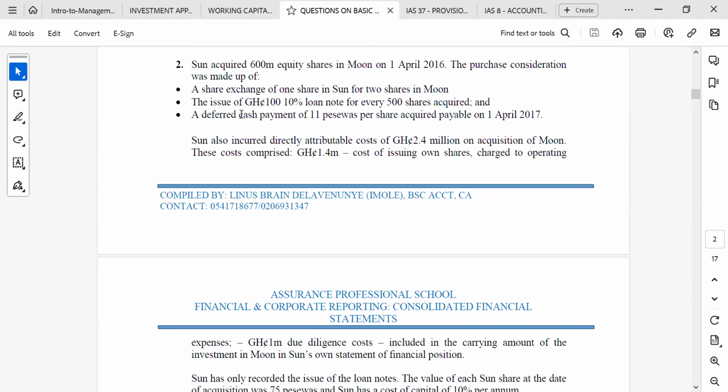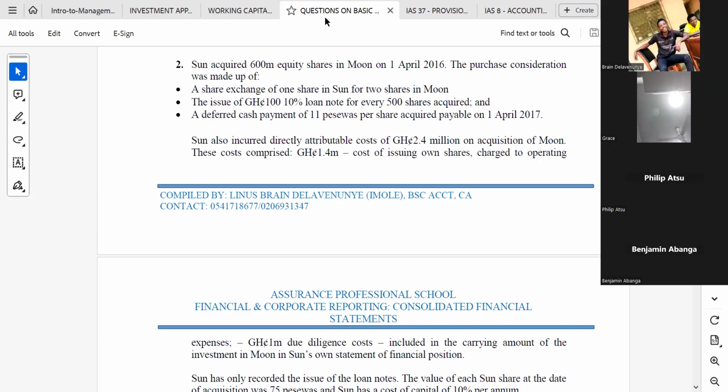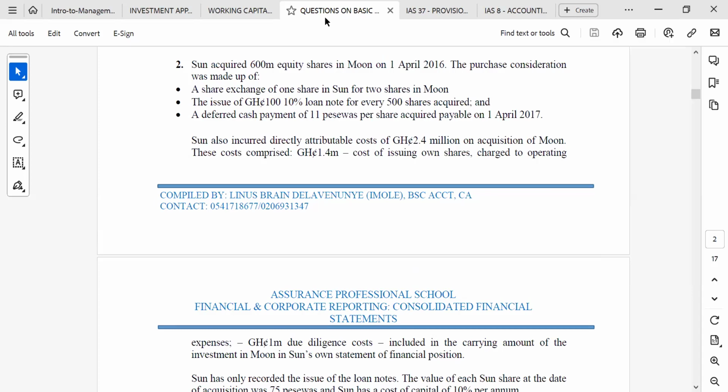Okay, let's come to the third consideration: cash payment of 11 pesos per share acquired, payable on 1st April 2017. We are paying this in a year's time, isn't it?